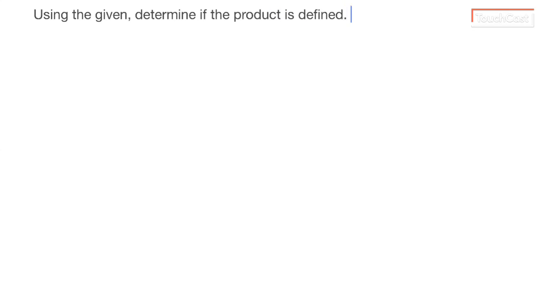So our first set of examples has us using the given matrices, which I just gave you, determine if the product is defined, if we can multiply them, and if yes, then we're going to give the dimensions of the resulting product.